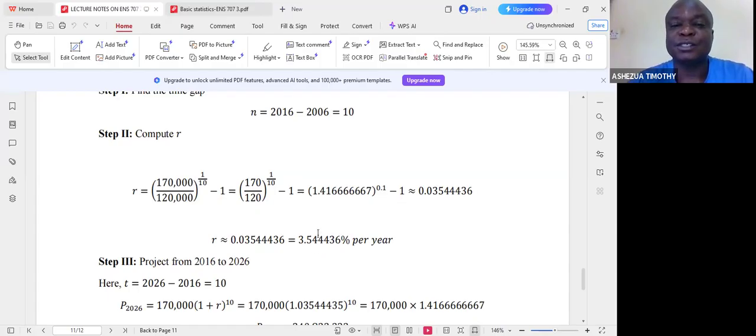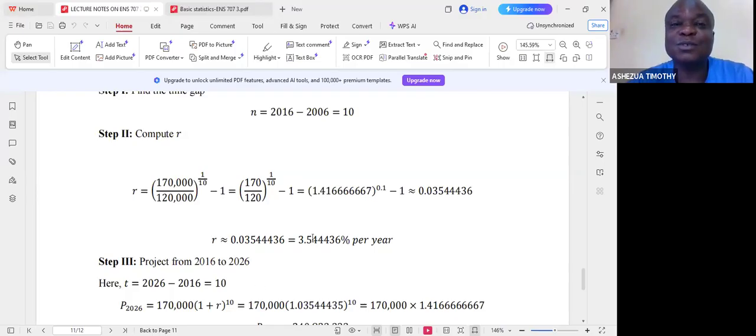So, Madam Patience, you cannot truncate it here to have 3.55 to 2 dp. I keep telling people, if you truncate at this point, it will affect your subsequent results.